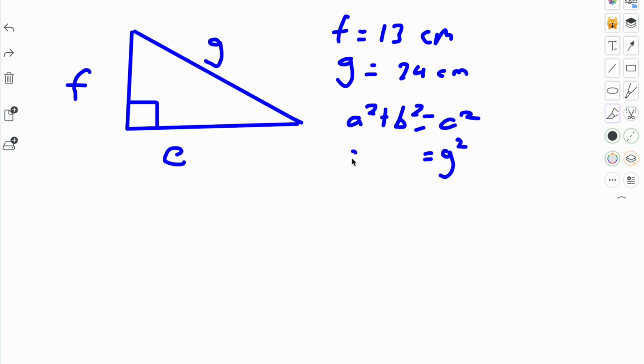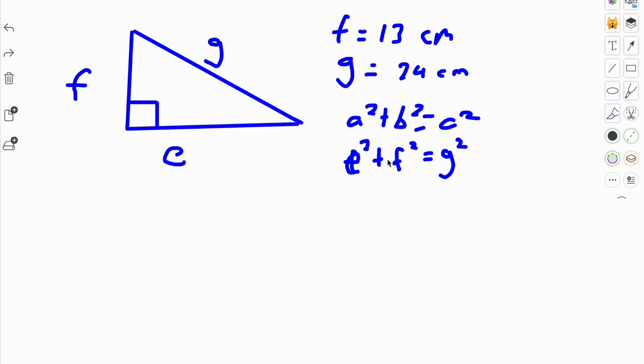I'll call E my a just to make this easier for me, and F as b, but you can change it and do whatever you want. So right here we have it like that. We just wrote the formula in a different way because these are all still variables.